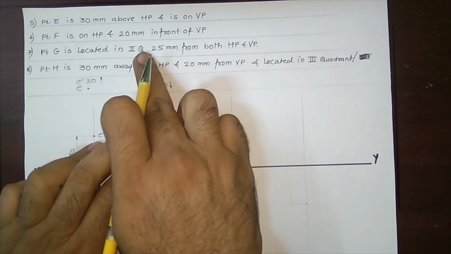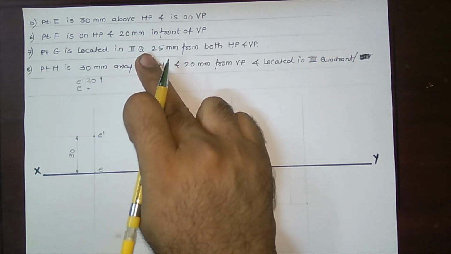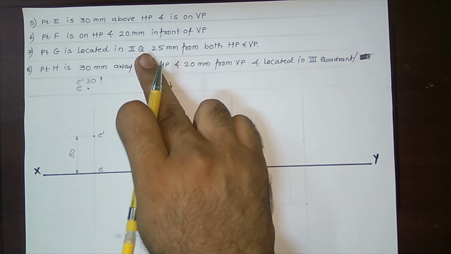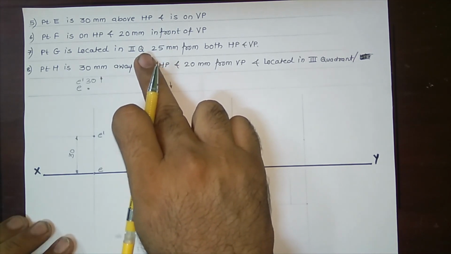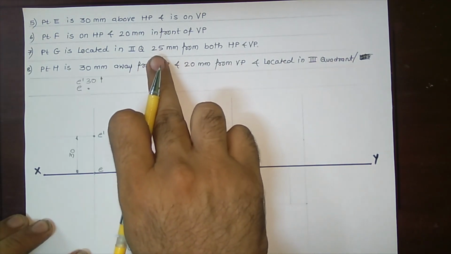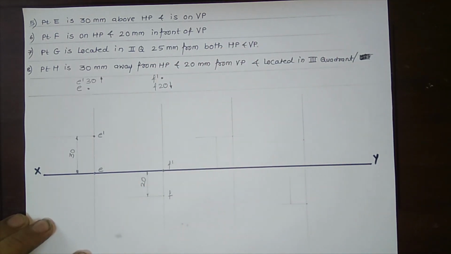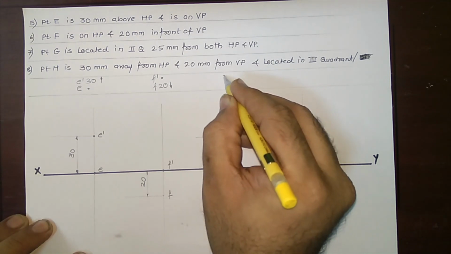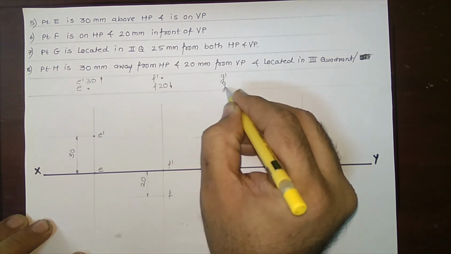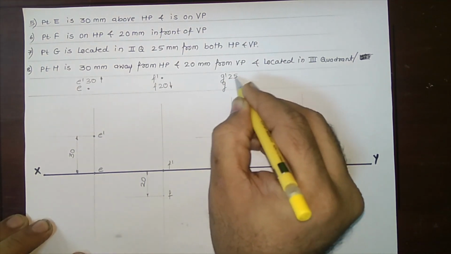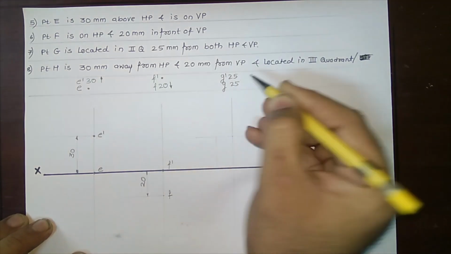Next point, the point is G. G is located in the second quadrant. Now in the second quadrant you must know that the front view and top view both will be above the XY line. And what is mentioned is that it is 25 millimeter from both the reference planes. So I will simply locate G dash and G, and both are at a distance of 25 and 25. Got it?